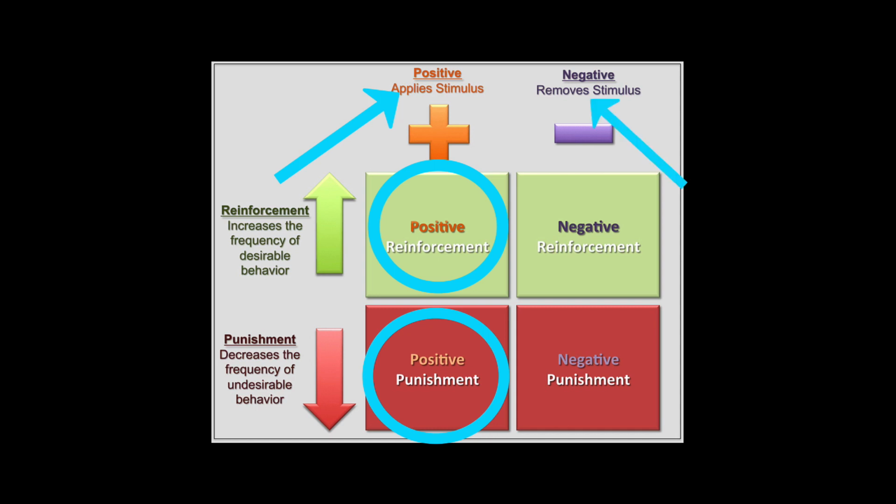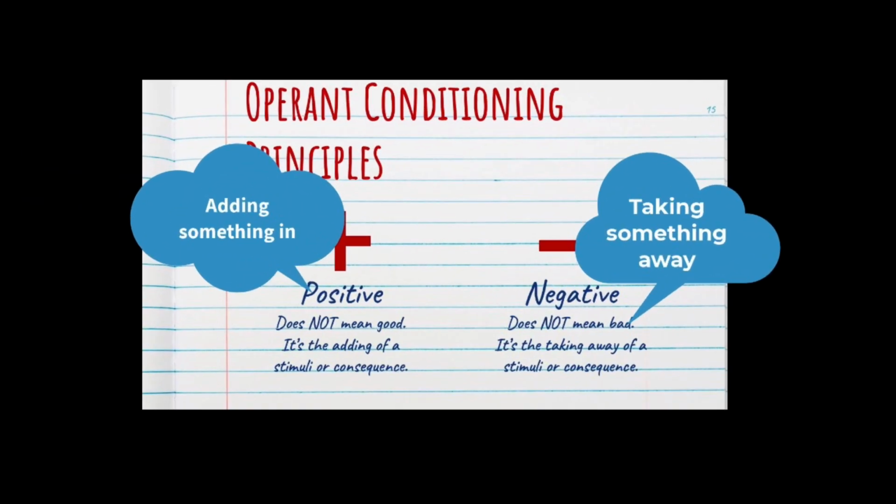When you're taking something away, it's a negative reinforcement or a negative punishment. But the giving or the taking away has nothing to do with good or bad. It just means you're adding something into the scenario or taking something away if it's negative. Right? Positive is adding something in, negative is taking something out, whether it's reinforcements or punishments.